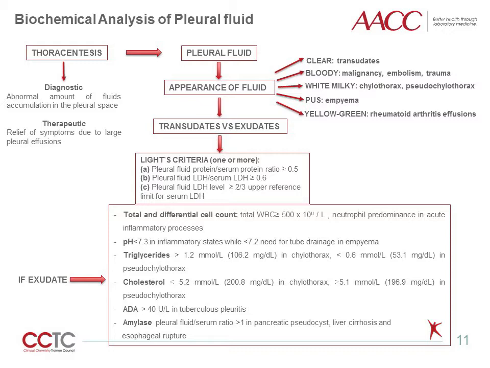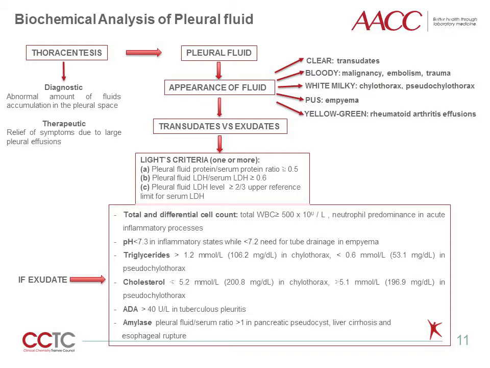The initial step in the biochemical evaluation of pleural effusions is to determine whether they are transudative or exudative. In clinical practice, Light's criteria have been widely accepted for this purpose for the past 40 years.